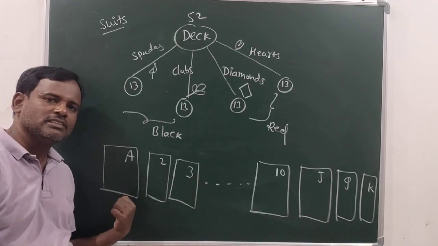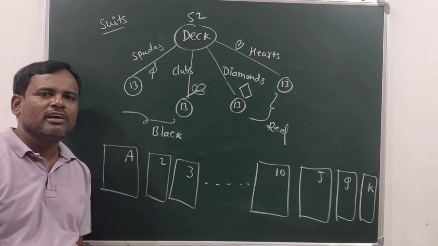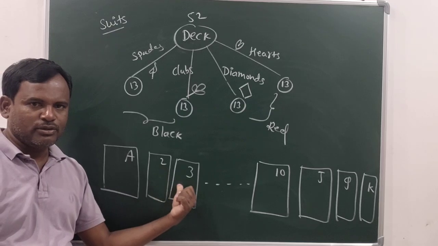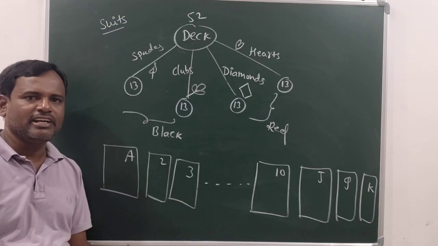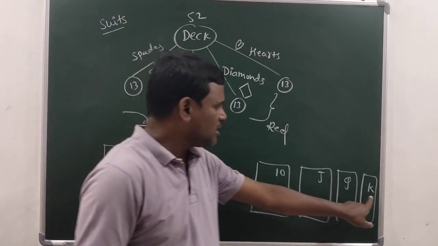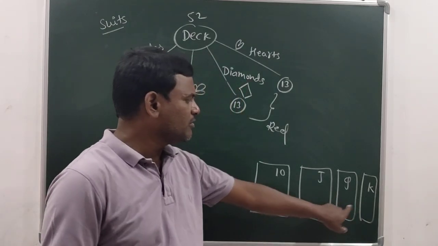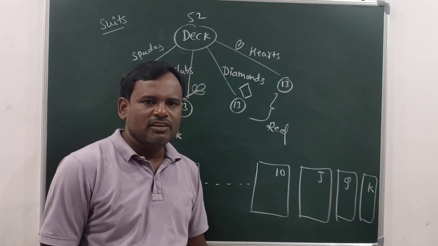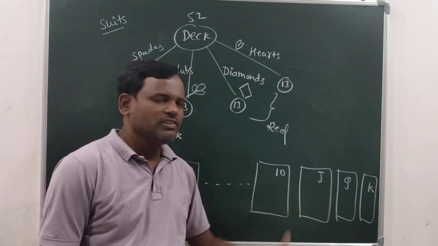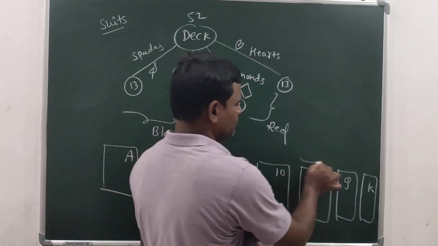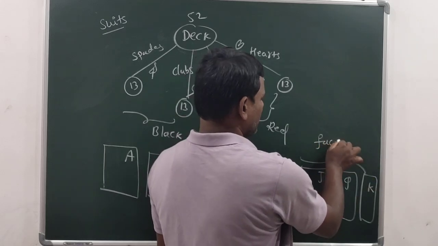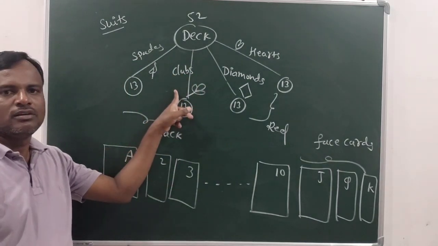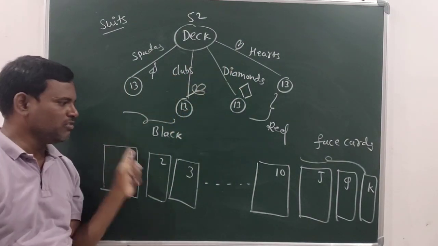On the number cards there are numerals like 2, 3, 4, 5, 6, 7, 8, 9, 10. Jack, Queen, King are human beings, no? Which have faces, hence they are called face cards. Like if you go to the second suit, third suit, fourth suit, all will be like this only.